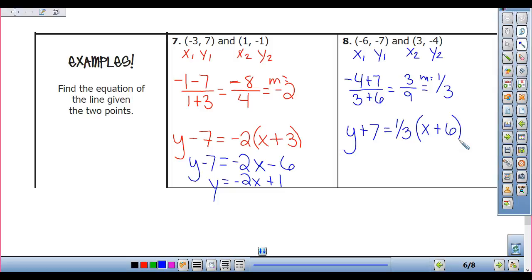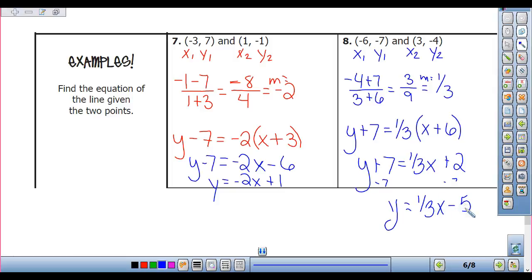Okay, then I distribute. What's 1/3 of 6? Plus 2. And minus my 7. I should have y equals 1/3 x minus 5. So you guys got it?